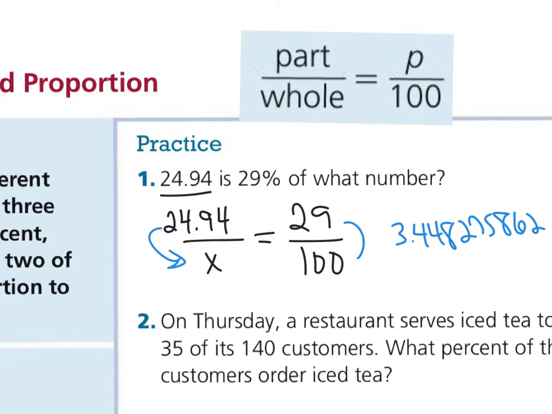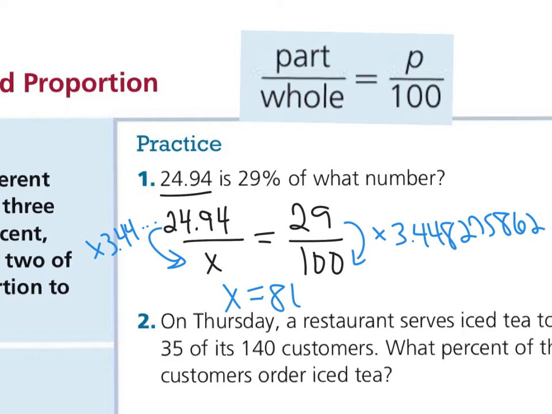This would be going this direction, so that would be multiplying by that. So if we multiply by that number, I'm sorry, by the 24.94, then you will get 86.